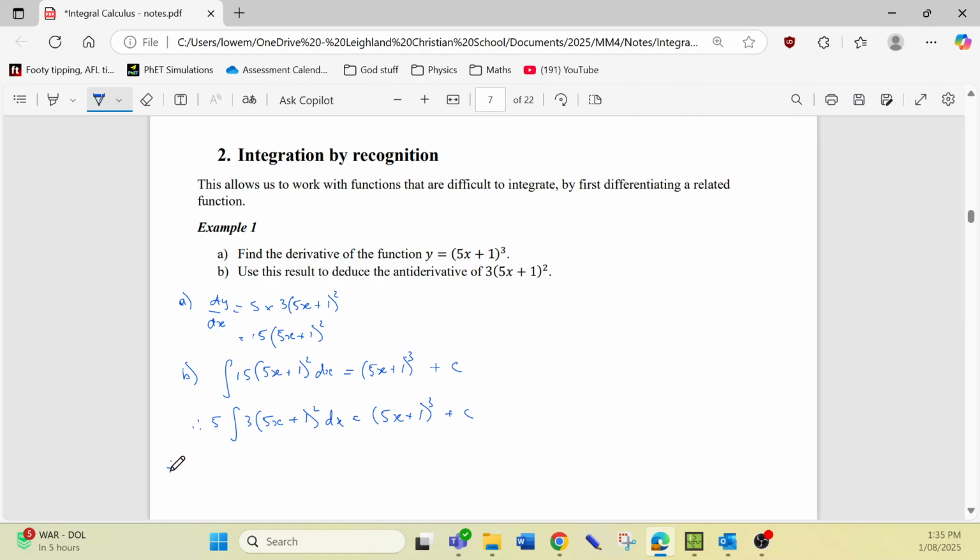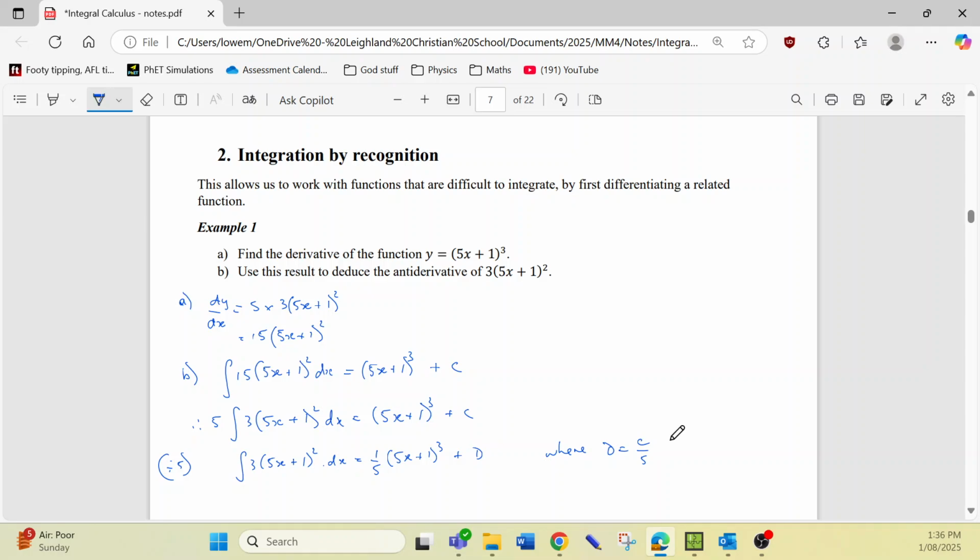If we divide both sides by 5, then we're going to end up with, on the left-hand side, the integral of (5x + 1)^2 dx, and that's then going to equal all of this divided by 5, or the same as 1/5 of (5x + 1)^3, and we could just change this to d, if you like, just a different constant term, where d is equal to c over 5.